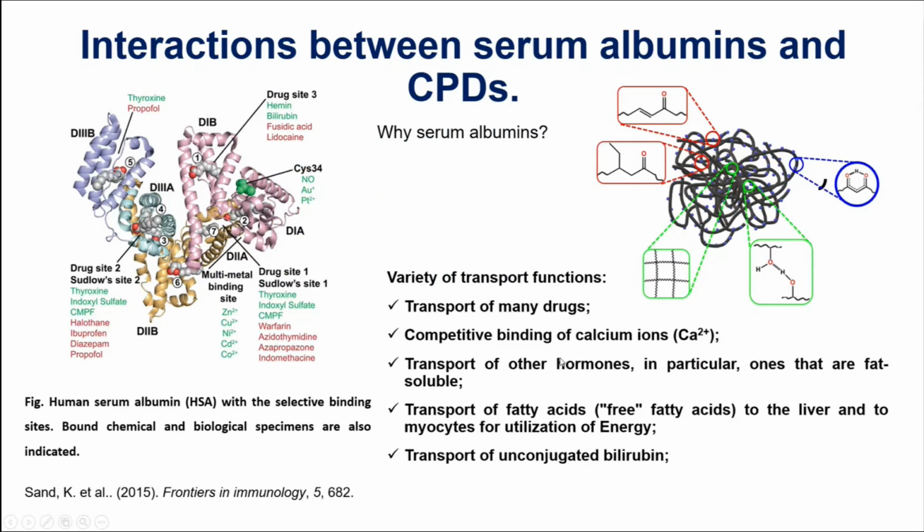They have a competitive binding of calcium ions, the transport of hormones, and especially the ones which are fat soluble. They transport fatty acids to the liver and myocytes, and transport unconjugated bilirubin. So they are important in the sense of transporting.